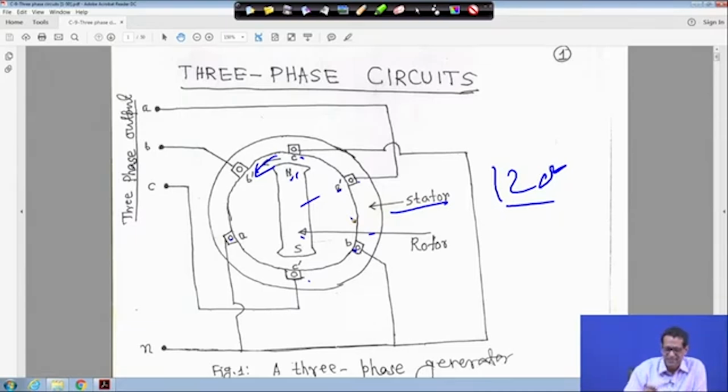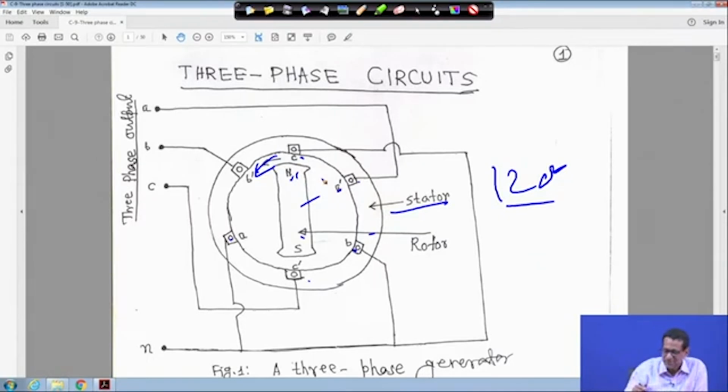Because of that, voltage will be induced in these windings. When the magnet is revolving, the flux links all these three windings placed 120 degree apart, therefore voltage will be induced.